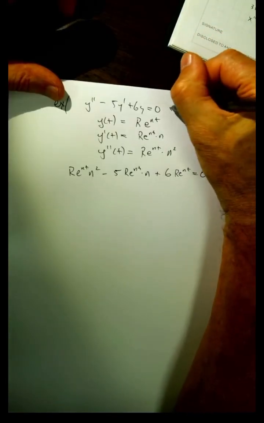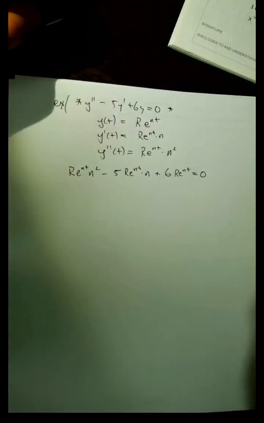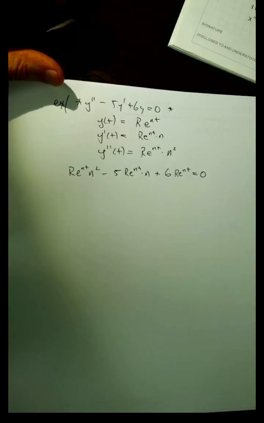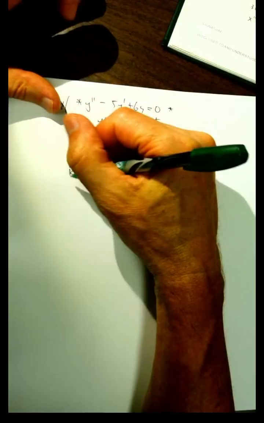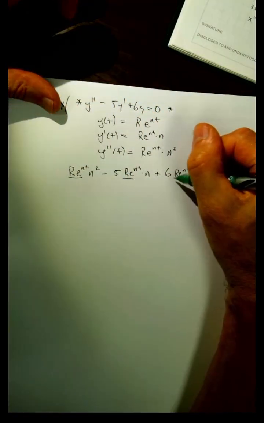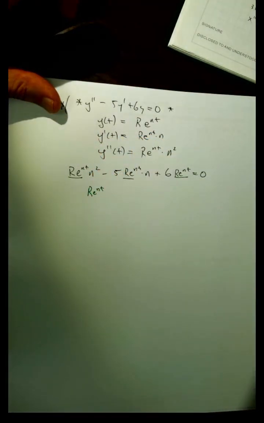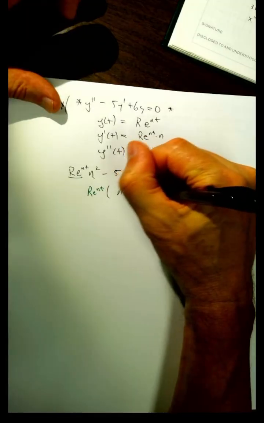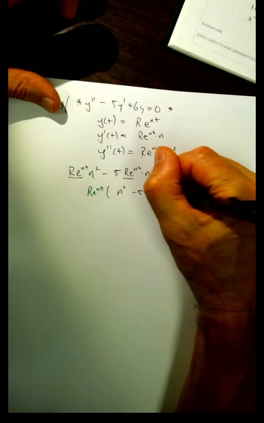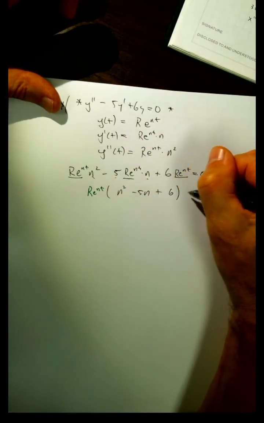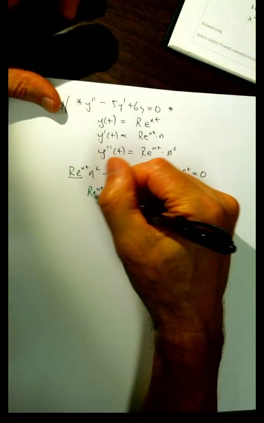So what I just did is I plugged my solutions back into the original equation. There's an r e to the nt in every term, so I can factor that out, leaving me with n squared minus 5n plus 6 is 0.